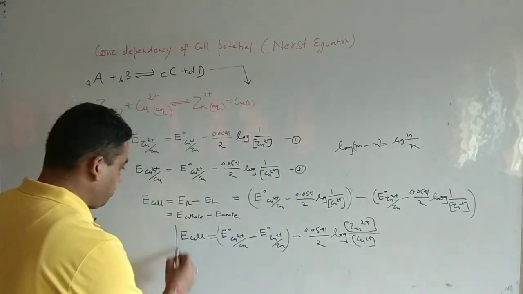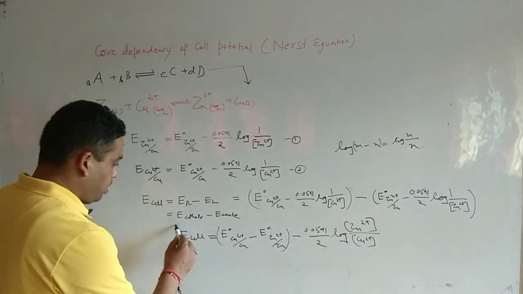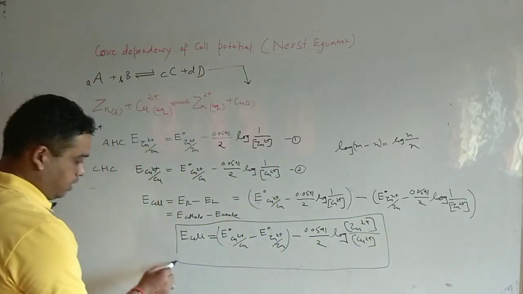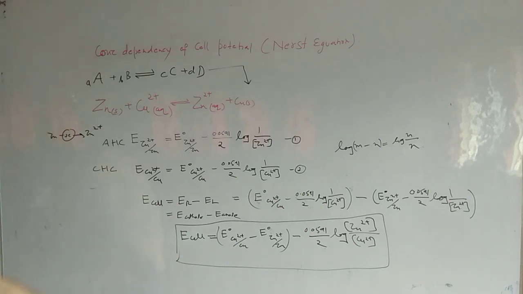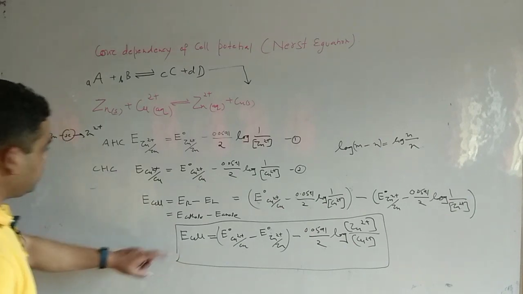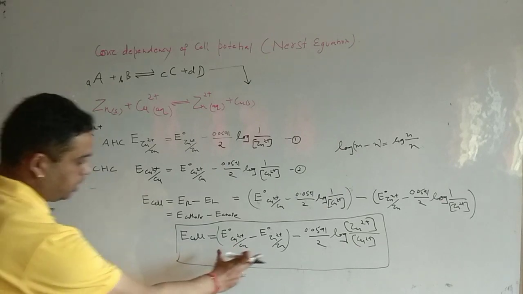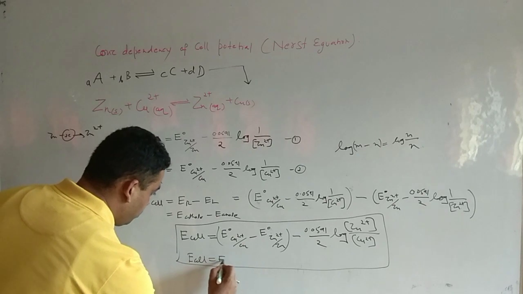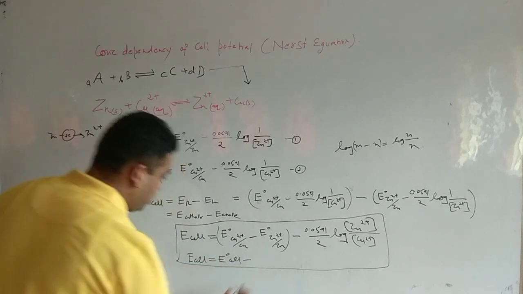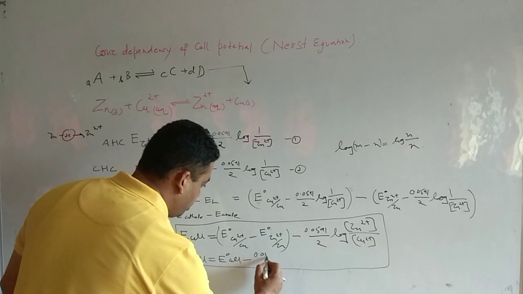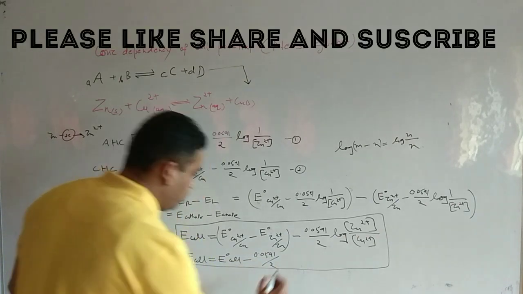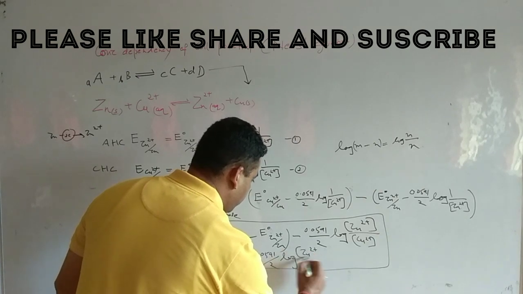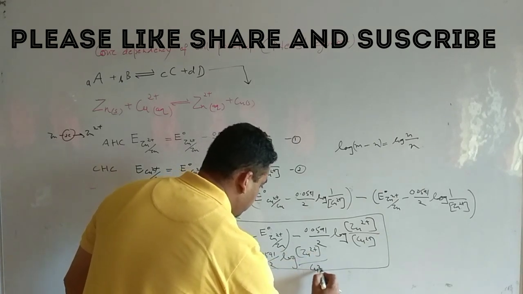So I have skipped a step here, but these are pretty basic things. You can solve this on your own, and finally you can write it as E cell equal to E standard cell, and the rest of the things would remain the same: 0.0591 by 2 log of Zn2+ divided by Cu2+.